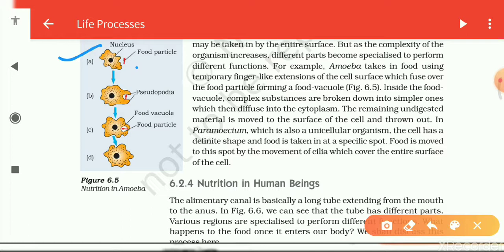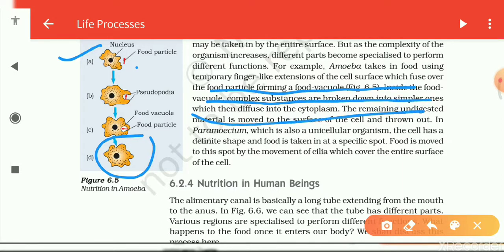The third one shows the food vacuole, and in the fourth one the food is digested completely with the help of the enzyme, then this food diffuses in the cytoplasm, and it will provide energy, and the size of the amoeba increases. And the last point is egestion. In egestion, it removes the waste product from the body. This is all about it. You will see the same thing written here.